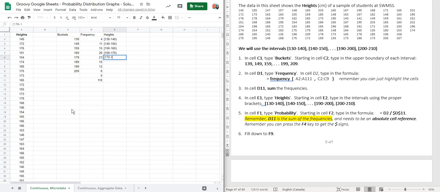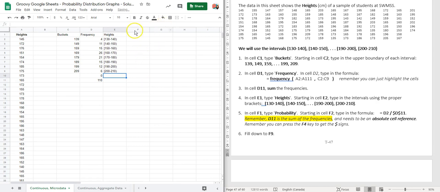170 up to but not including 180, square bracket 180 to 190, open bracket, square bracket 190 to 200, open round bracket, and square bracket 200 to 210, round bracket.